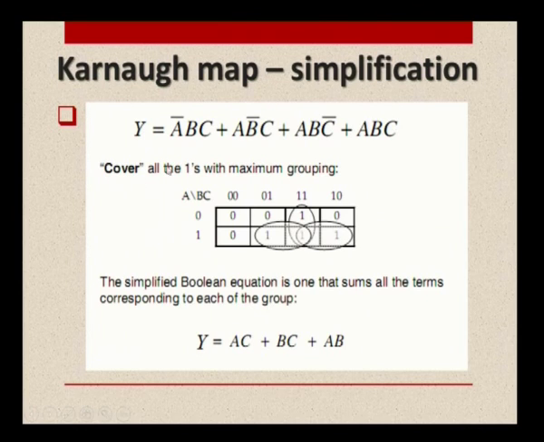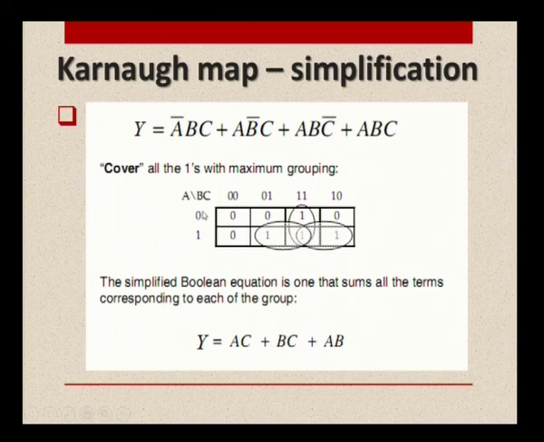So, what we have to do, this is an expression in the form of sum of products. There are 4 products here, A bar B C, A B bar C, A B C bar and A B C. These 4 products are summed up. So, it is called sum of products, and we need to form a K-map in this manner, because it has 3 inputs.